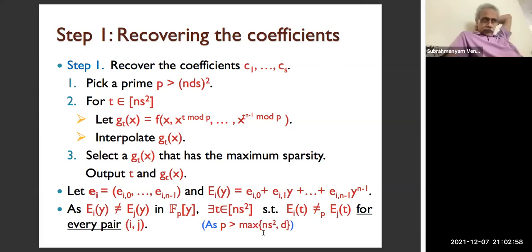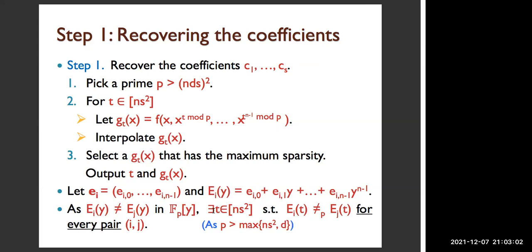So s squared many, roughly. Now, notice one thing. The claim is that there exists a t in the same range, n squared, such that the evaluations of these univariate polynomials e_i at t differ modulo p for every pair i and j.